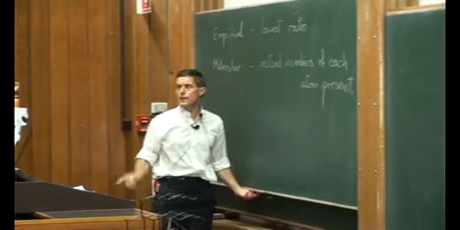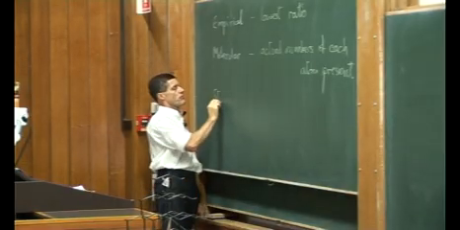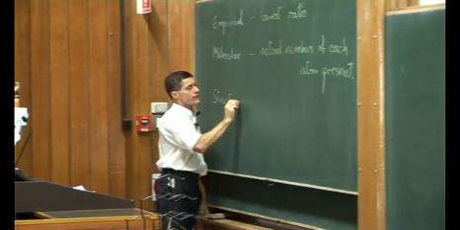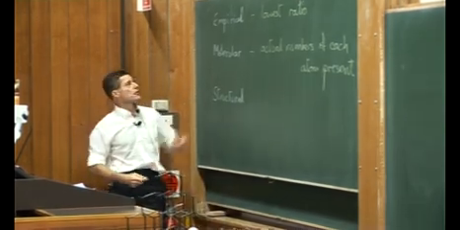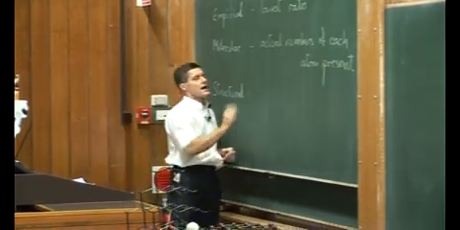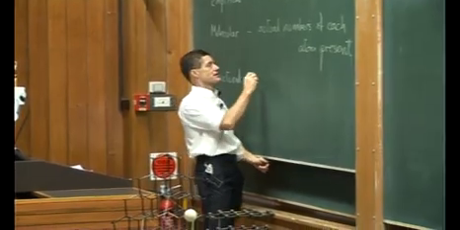And a final definition, before giving you some examples, is a structural formula. And this is particularly applicable for molecules again. And the structural formula tells us the bonding arrangement.